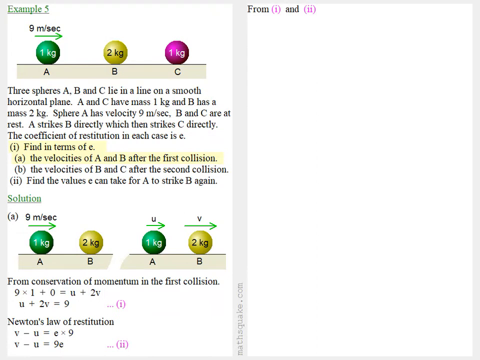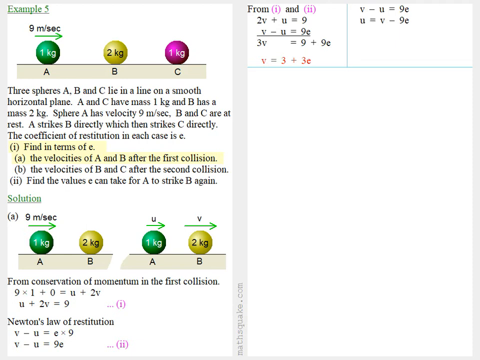Now, from 1 and 2, we've got 2v plus u equals 9, and v minus u equals 9e. So if we add, we've got 3v equals 9 plus 9e. And dividing all the way through by 3, we get the answer, v equals 3 plus 3e. Now, from Newton's law of restitution, we've got v minus u equals 9e.